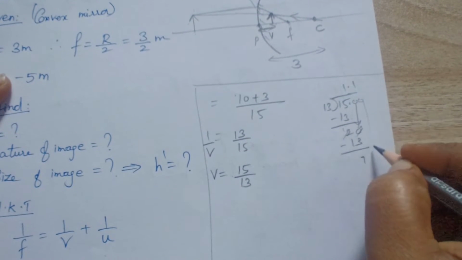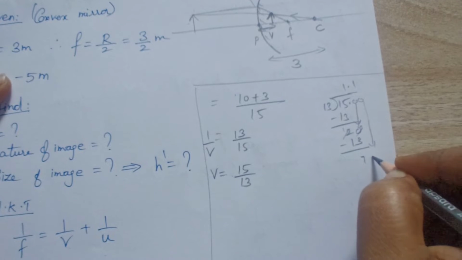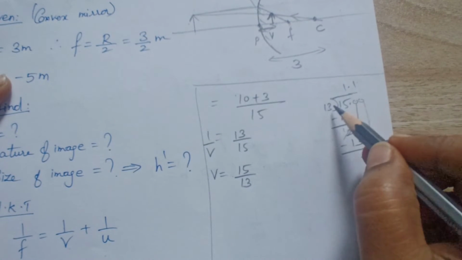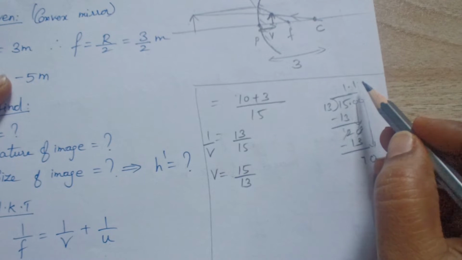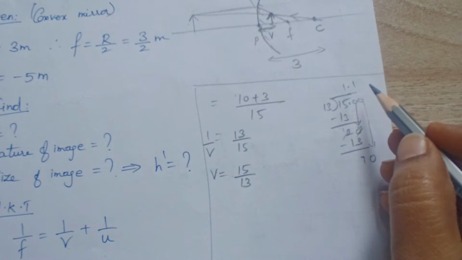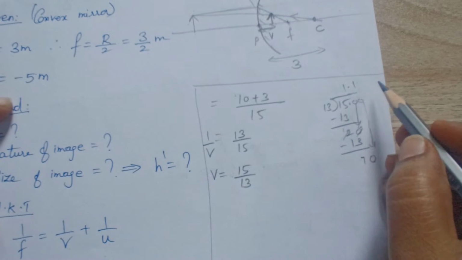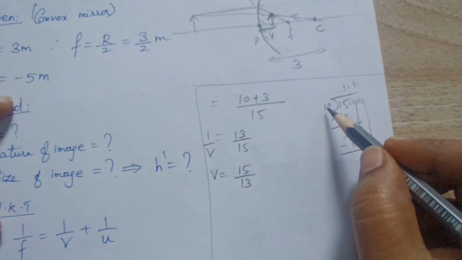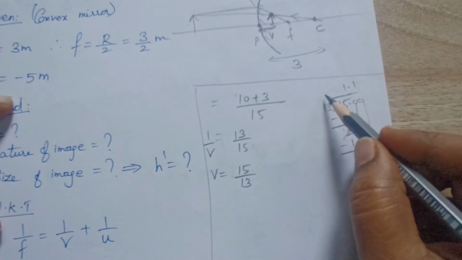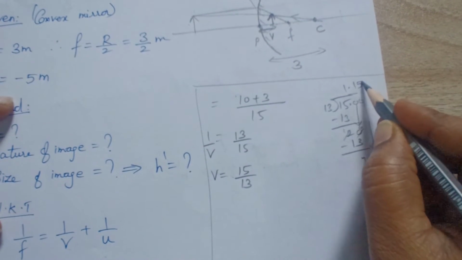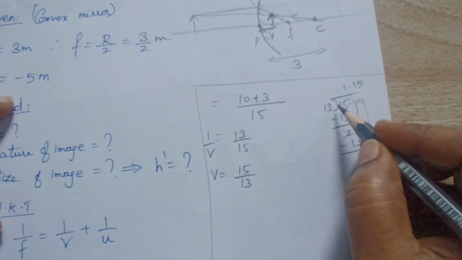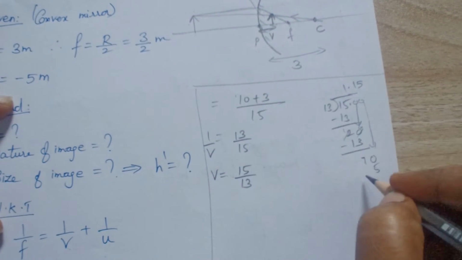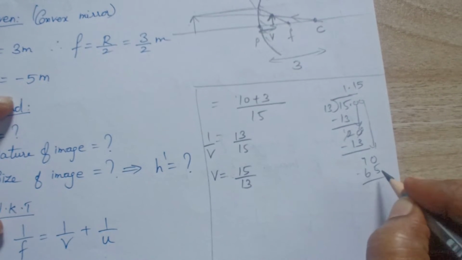Again if you put 0 like this, 70, 13 times means around 5. 5 times 3 is 15, 5 balance 1, 5 ones are 5 plus 1, 6, 65.